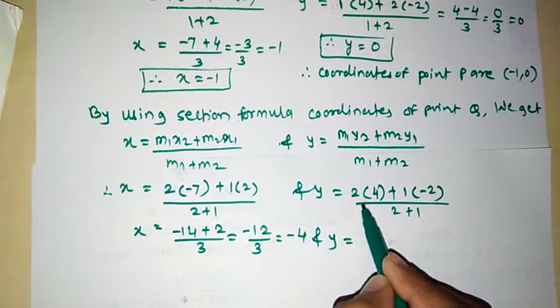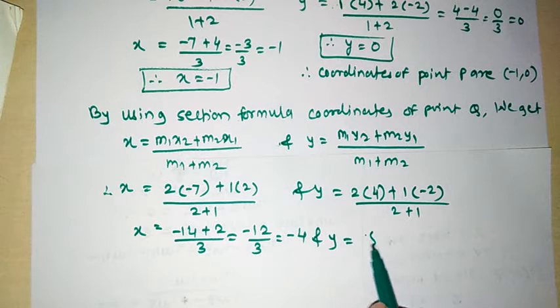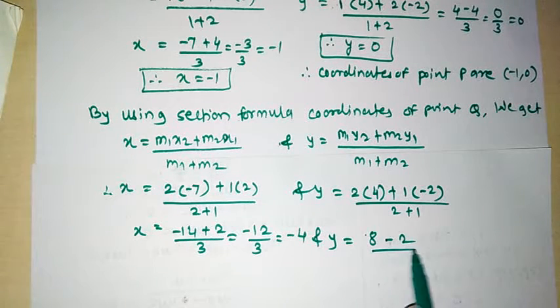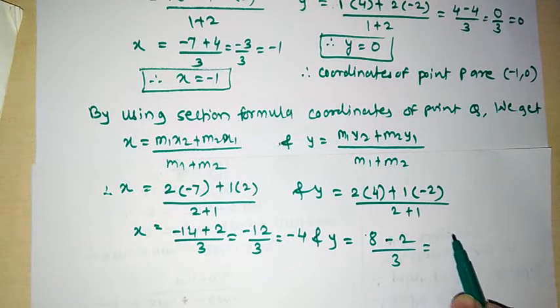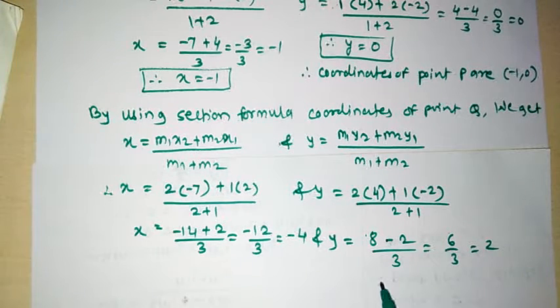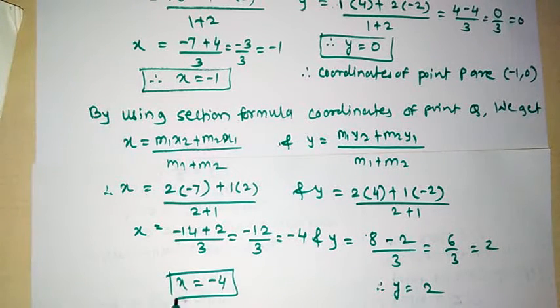see here, 2 into 4. 2 into 4 is 8 minus 2, divided by 3, which is equal to 6 divided by 3, which is equal to 2. Therefore we got y is equal to 2 here, and also x is equal to, what we got? X is equal to minus 4 we got here. We got x is equal to minus 4 and y is equal to 2.